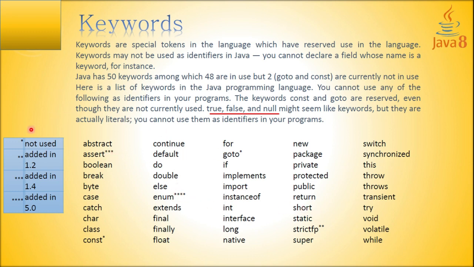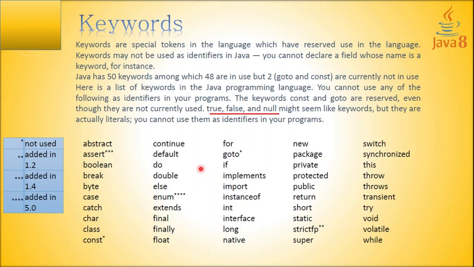Those stars add meaning to this, so you can see when this was discontinued or when this was added and all those things. So in brief, keywords are reserved words and they are not used for any other purpose. They can be used only for the purpose for which they are used in the language.